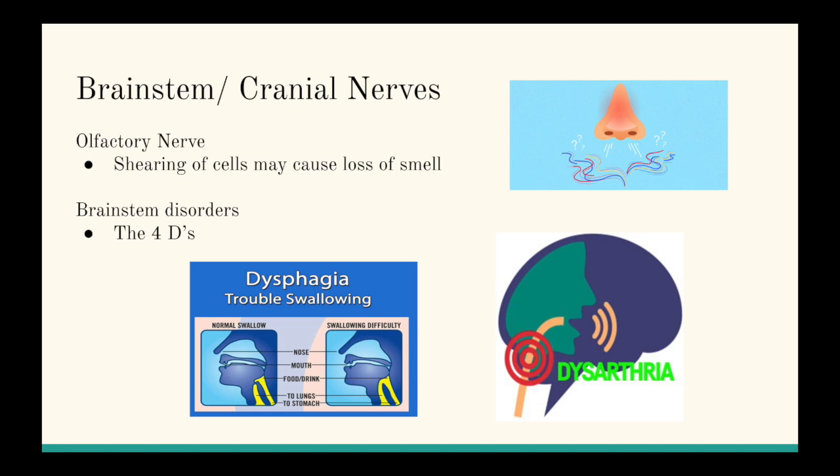Some brainstem disorders that may result from TBI include the 4Ds impacting the various cranial nerves. Number 1 is dysphagia, which impacts the 12th cranial nerve. This involves trouble swallowing, frequent aspiration, choking, and lack of awareness of food in the mouth.